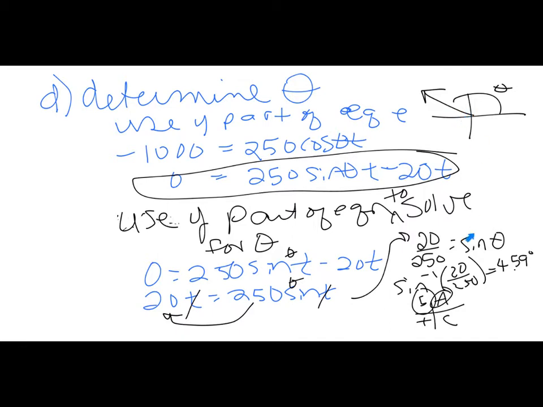So if this was 4.59 in here, then this one's 180, hold on, 180 minus 4.59, you're going to get 175.41 degrees. So my theta here is 175.41 degrees. I'll need the 4.59 part a little bit later, so I'll use that again.